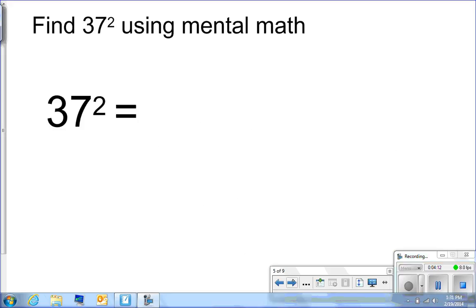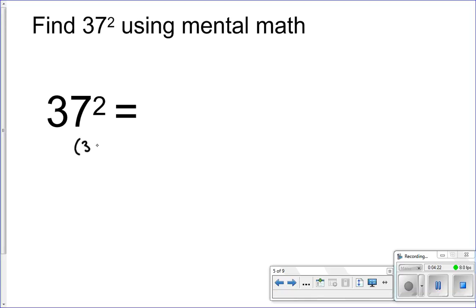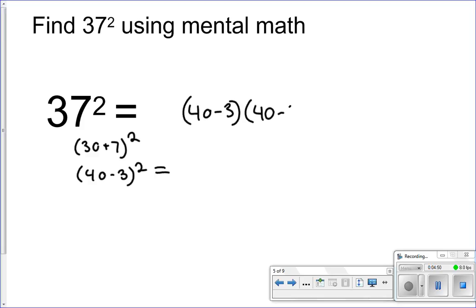Okay, so try this one on your own. If you're having trouble starting it, you could do it as 30 plus 7 squared, or you could do this as 40 minus 3 squared. Both of those will give you the same answer. I personally am going to do 40 minus 3 squared. And so I get 40 minus 3 times 40 minus 3.